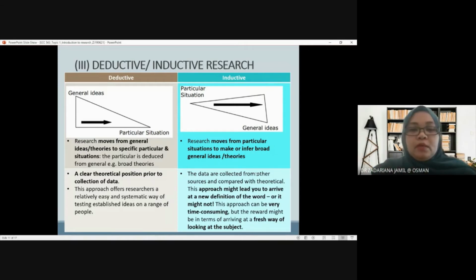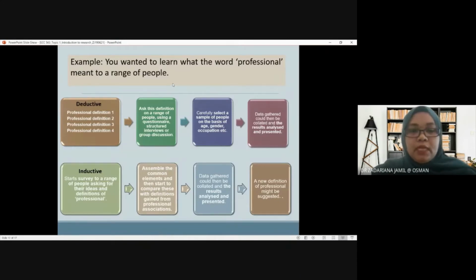For example, if you want to learn what the word professional meant to a range of people, and you are doing deductive research, for sure you already have a professional definition. You have the theoretical definition of professional. You have several definitions of professional according to books, the professional body or literature.